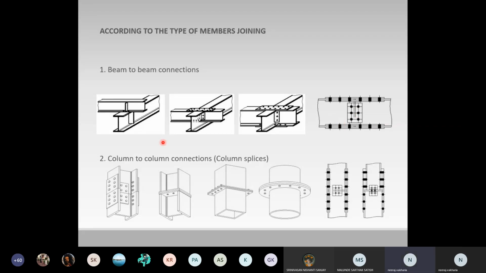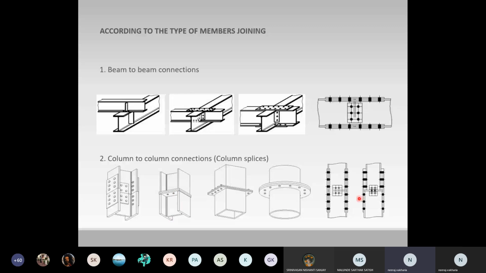Then another type is column to column connection or column splices. These are usually accomplished with the use of a column splice. A common application for this is when we are using different cross sections. Then we require them to get connected and transfer the load by distributing it properly.